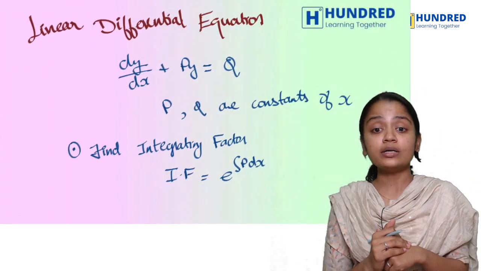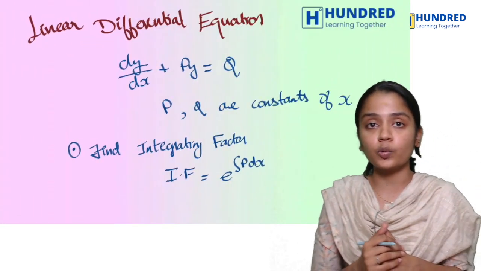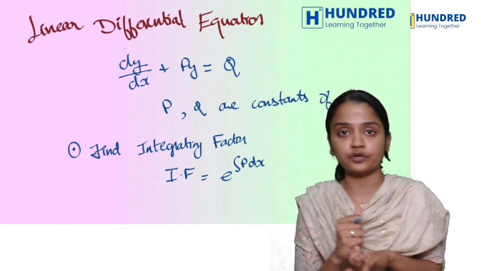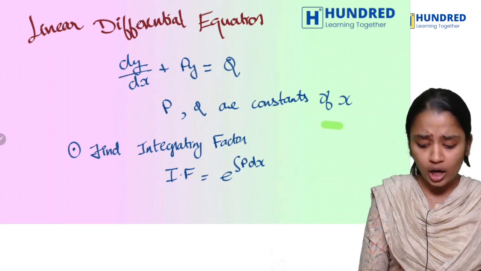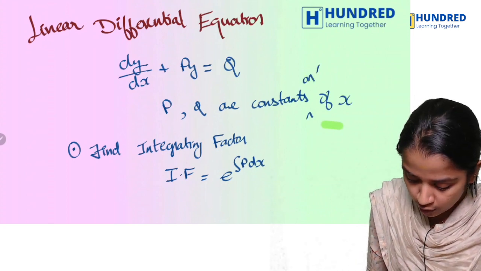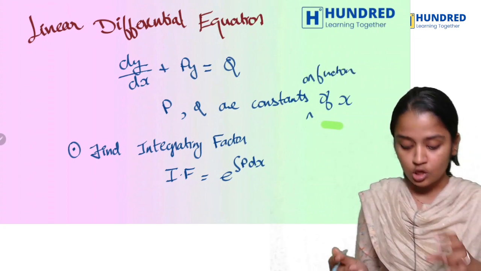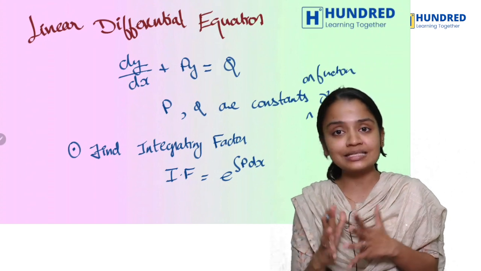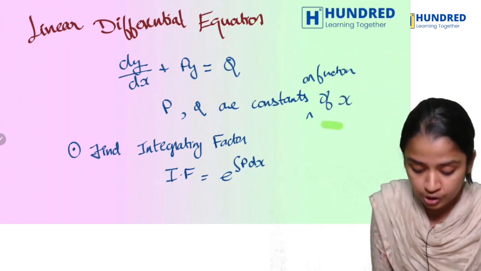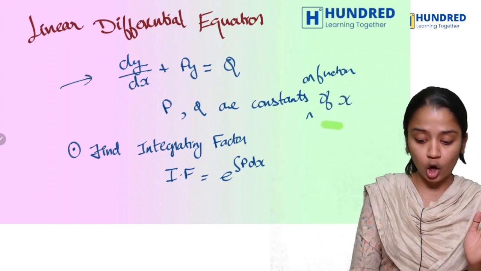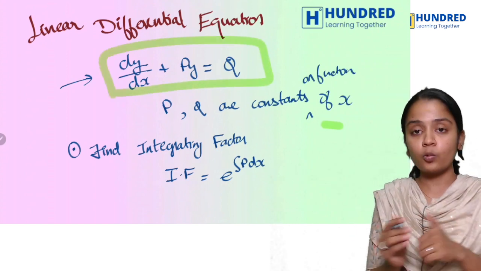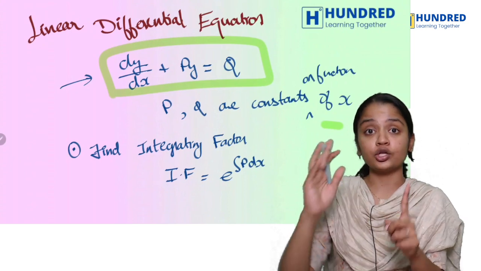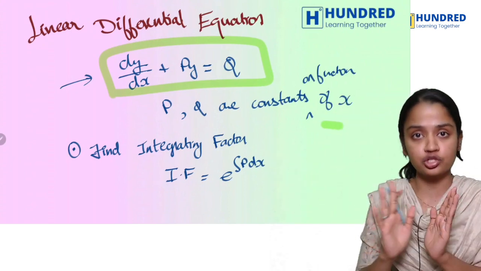Now let's go to the linear equation. In linear equations you have two kinds. In the first, your differential equation is of the form dy by dx plus py is equal to q, where p and q are constants or functions of x.